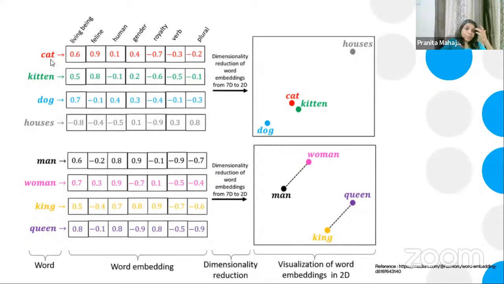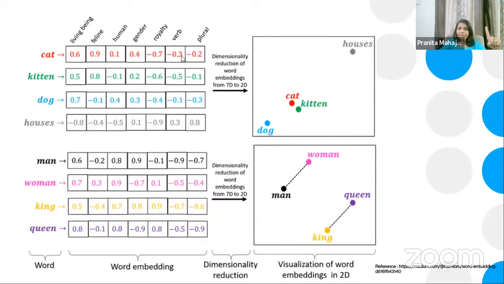This is how cat would be represented with respect to these dimensions, using seven dimensions, describing one keyword.